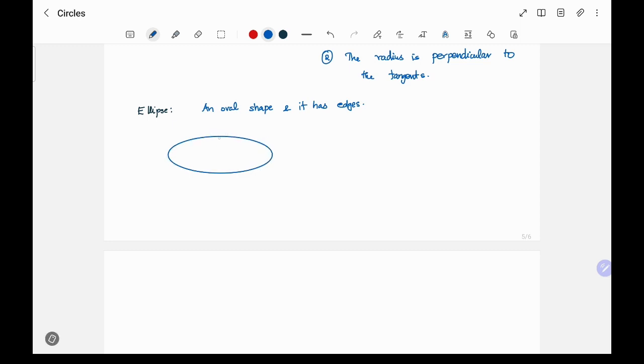See, if you see this side and this side, you can see this side is smaller than this side. So like we defined radius for a circle, here also we define two quantities, A and B. A is called the semi-major axis and B is called the semi-minor axis.